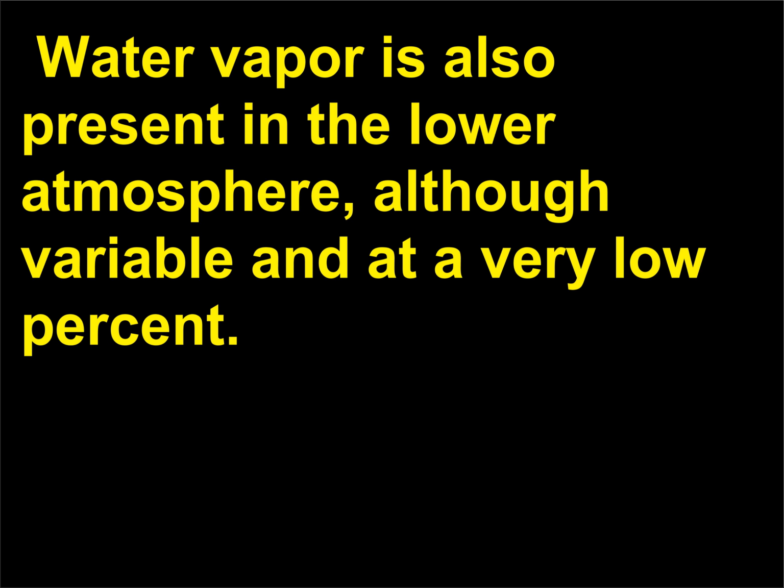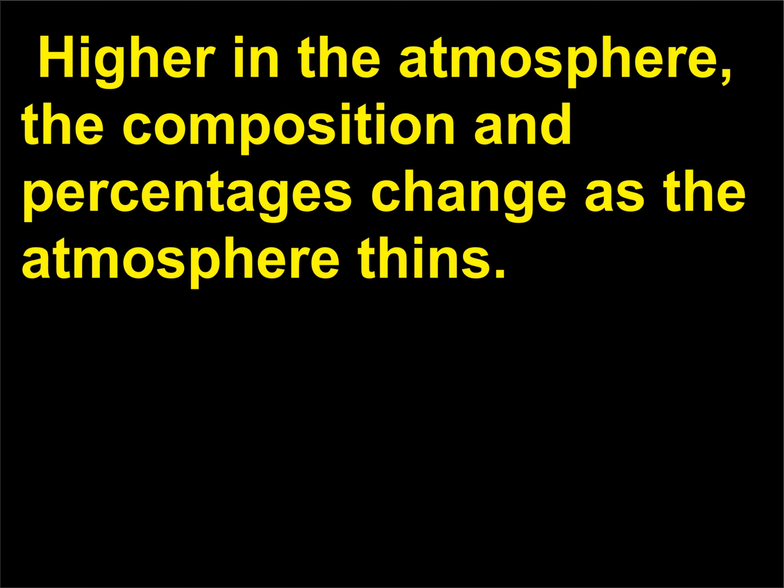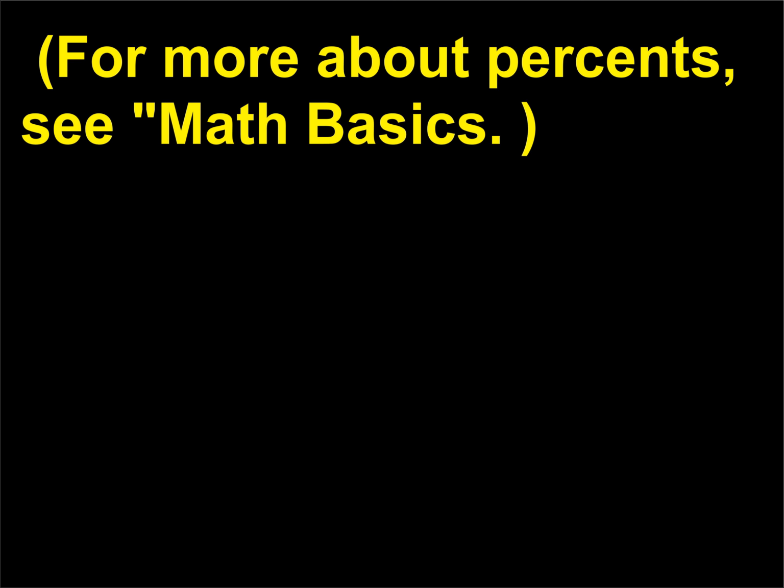Water vapor is also present in the lower atmosphere, although variable and at a very low percent. Higher in the atmosphere, the composition and percentages change as the atmosphere thins. For more about percents, see Math Basics.